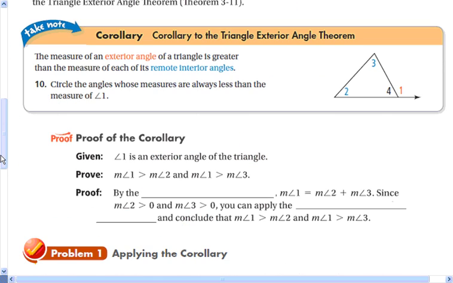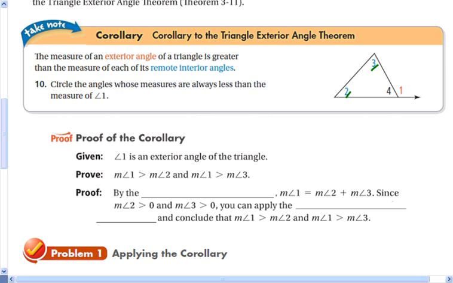So that principle leads to a corollary to the triangle exterior angle theorem. It says that the measure of an exterior angle of a triangle is greater than the measure of each of its remote interior angles. Remember earlier that we said the exterior angle is equal to those two remote interior angles, so 2 plus 3 is equal to 1.